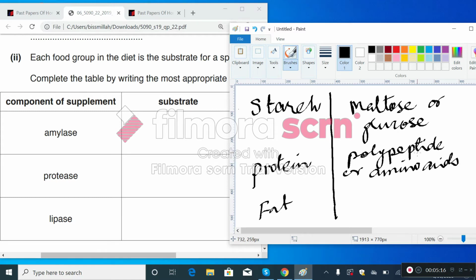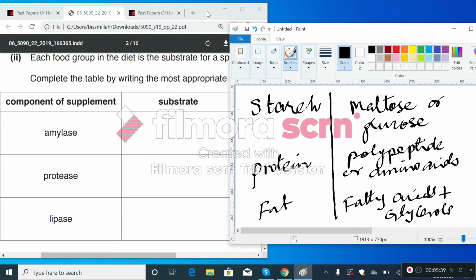Finally, lipase will digest fat into fatty acids and glycerol. These are the final products.